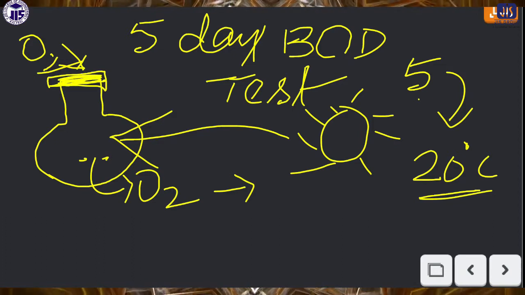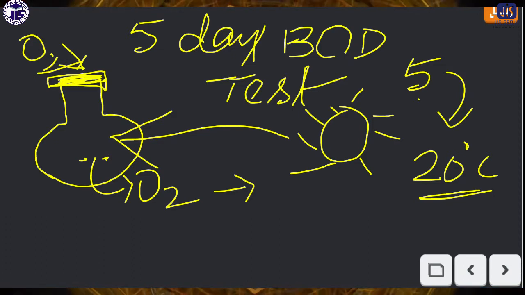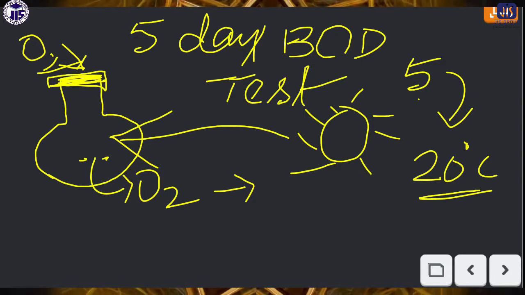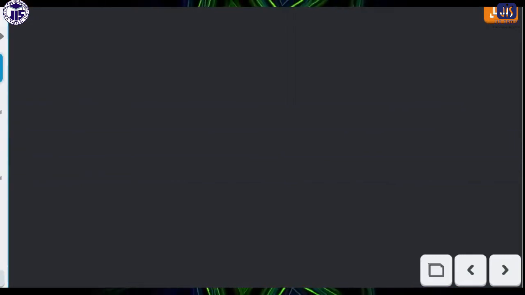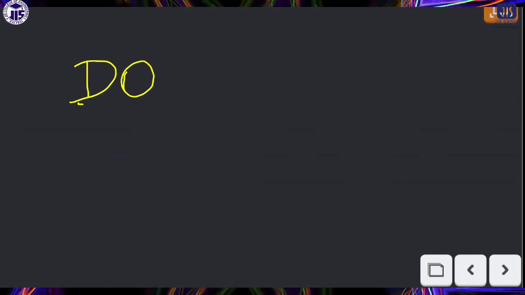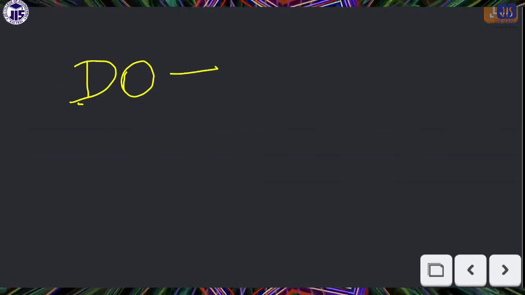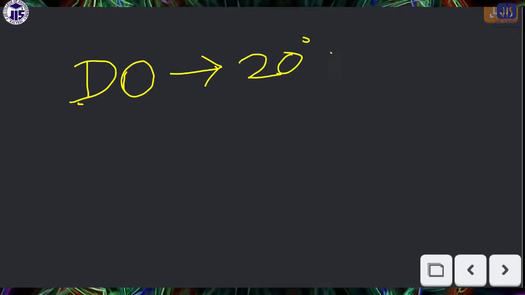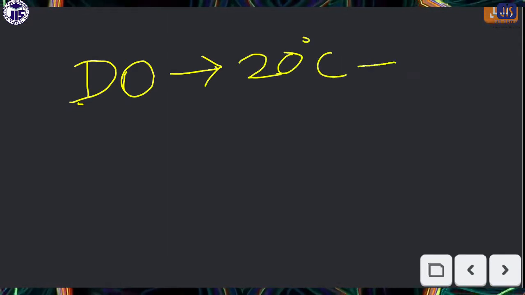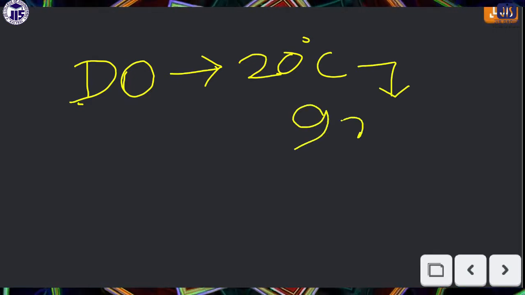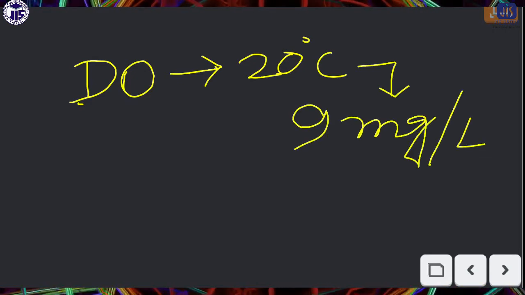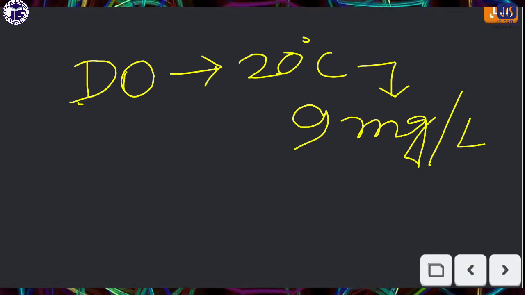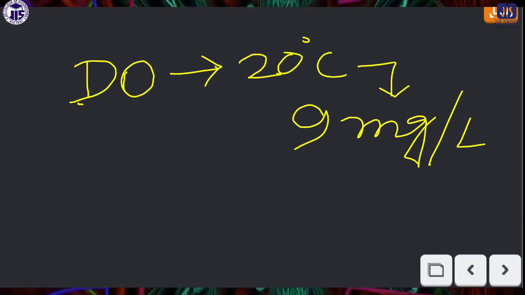There must be a temperature range, so for the 5-day BOD test, we have to maintain 20 degrees C. The next point is the saturated value of dissolved oxygen at 20 degrees C, which is generally 9 milligram per liter.